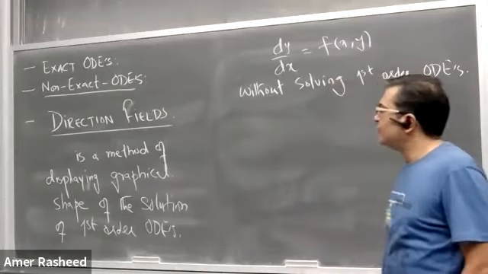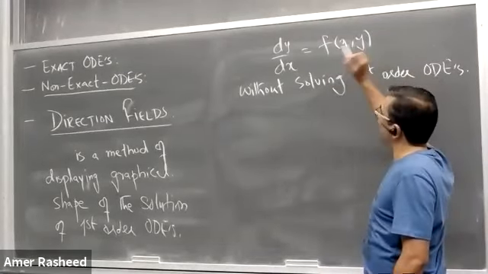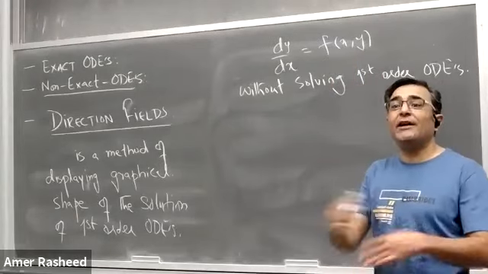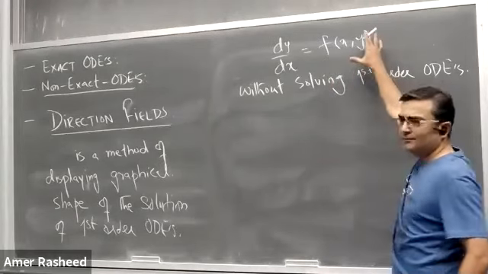So if we have two variables x and y, we assume that they are independent variables in this function.